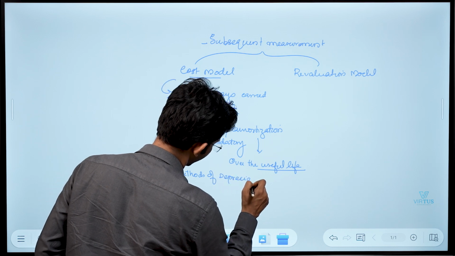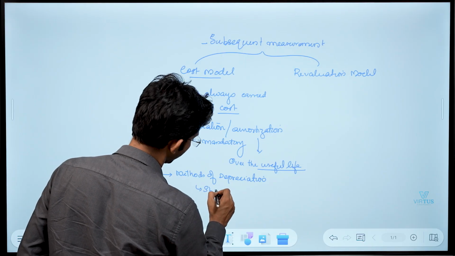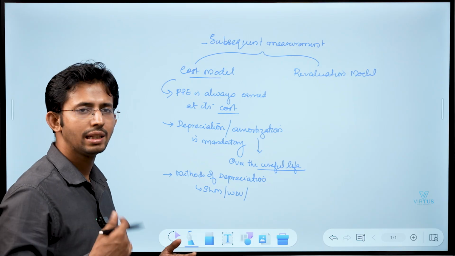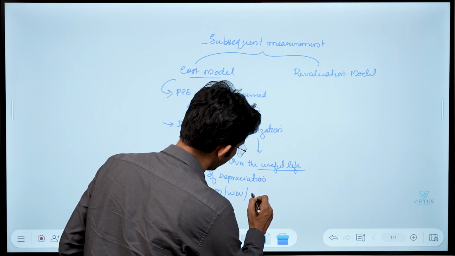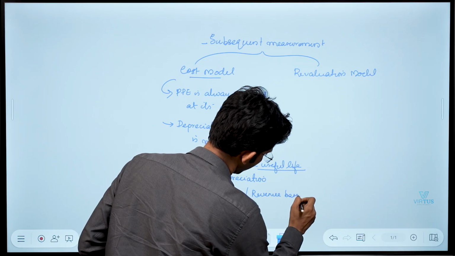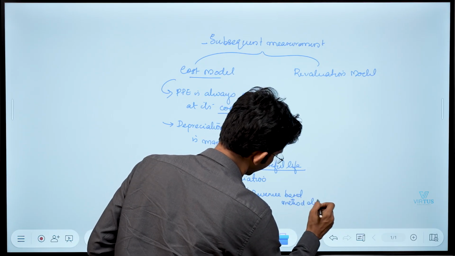We have multiple methods, and the common ones include SLM, straight line method, then WDV method, then the revenue based method, etc. Various methods are there.